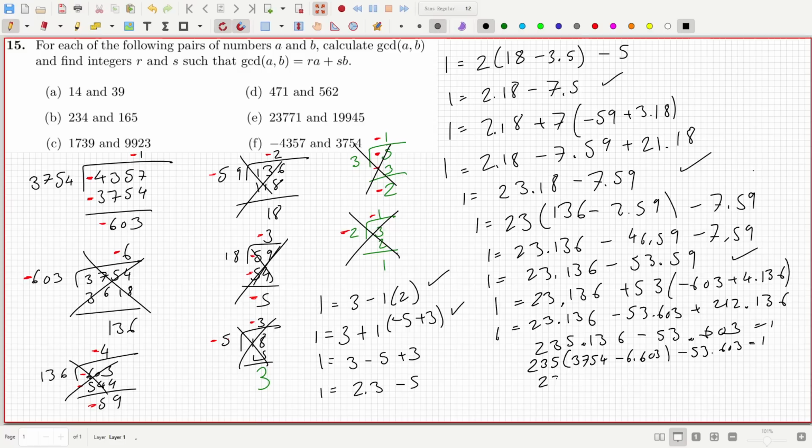So that's 235 times 3754 minus 1571 times 603 equals 1. Let's see if that's right.